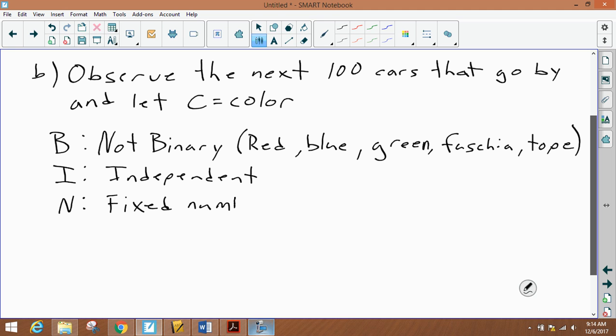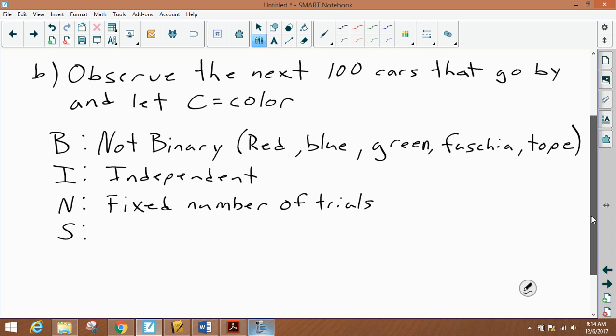But since it failed one of these, it's not binomial at all. But we should do this just to check success. So is it clear what a success or a failure is?